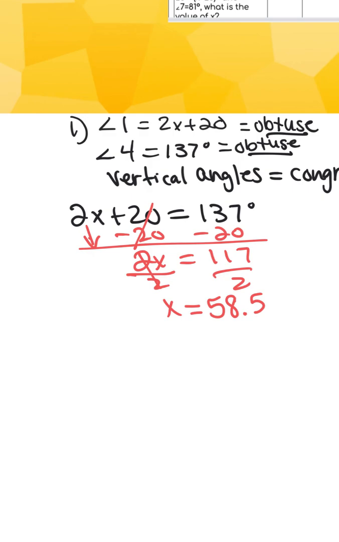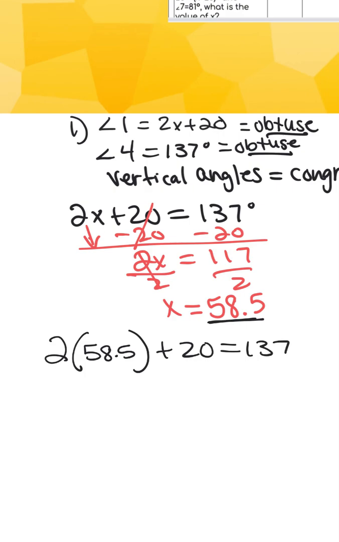So 2, I'm taking this and putting it in the parentheses, plus 20 should equal 137 because that's what I said originally. So do this in your calculator. I'm using my phone, you can use your iPad. So 2 times 58.5 plus 20 should be 137. Mine comes out to be 137.